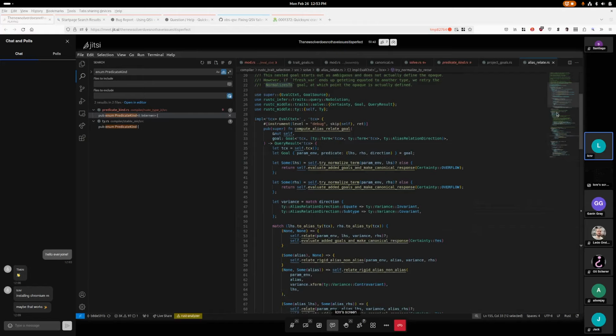But ideally, if we didn't have to care about performance and whatnot, what we could do is have the predicate kind used for goals, like if we have to prove stuff, be completely separate from clauses. So projection would be a clause, but not a predicate. I see. Yeah, so that would work because projection goals simply are just alias relate goals with one step of interaction, which is kind of useless. Okay, thanks.